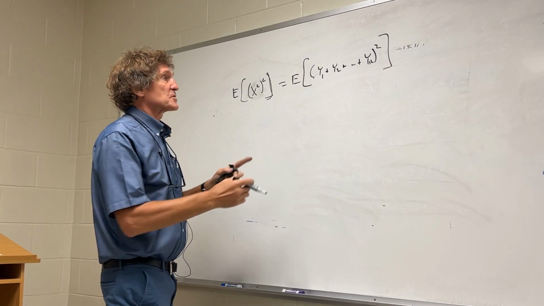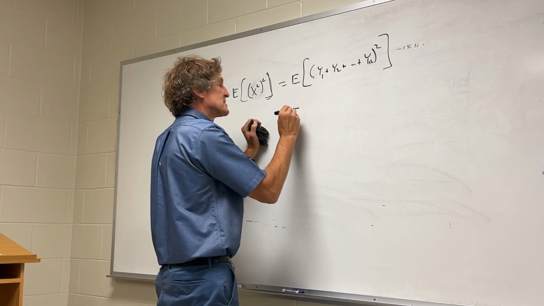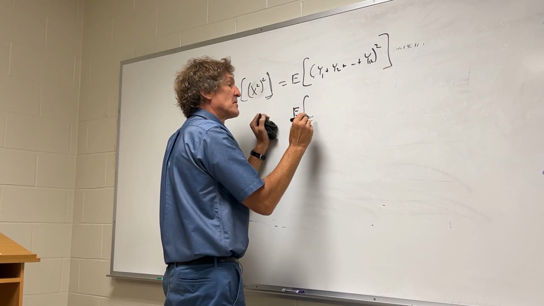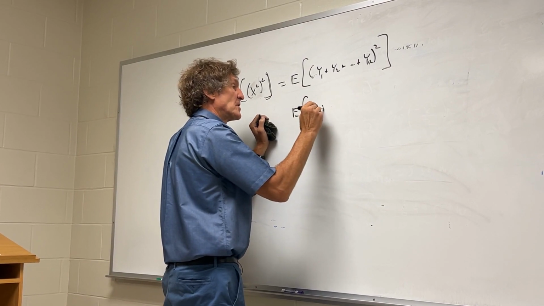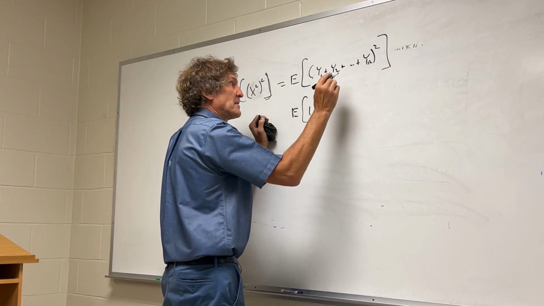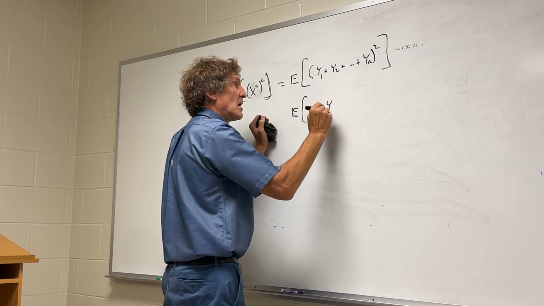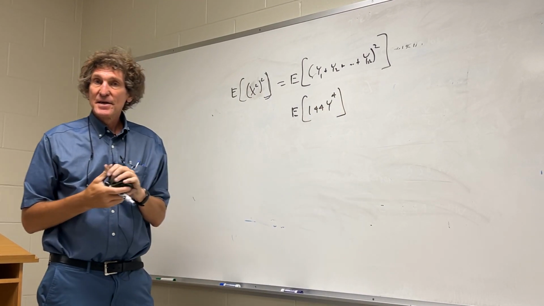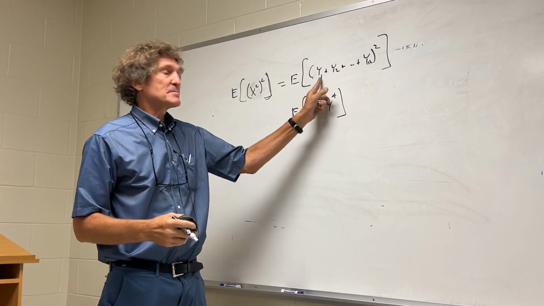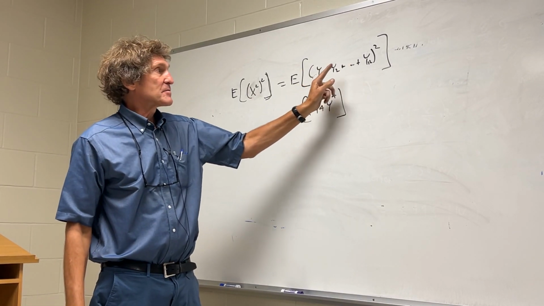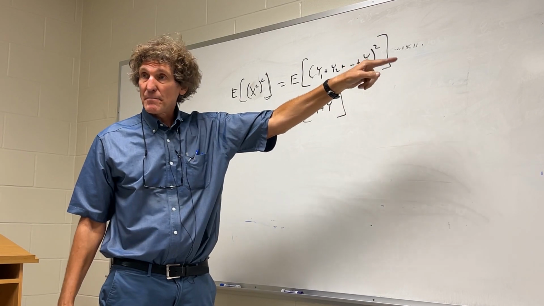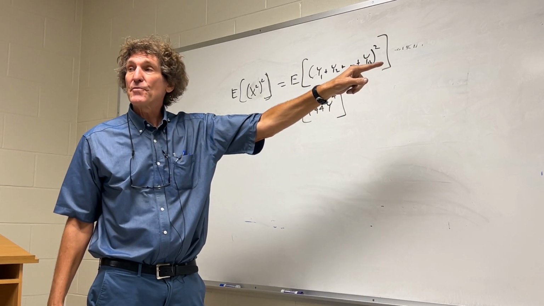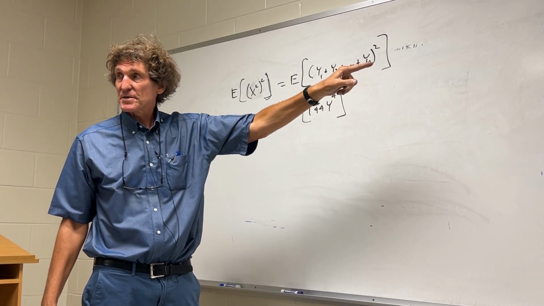So what happens when we square this thing out? Don't we get the expected value of 144, and then it's going to be of y to the fourth. Isn't it, class? Each one of these has the same statistical properties. So if you have 12 variables here, you're multiplying by 12 more variables. That's 144 variables with the same statistical information.